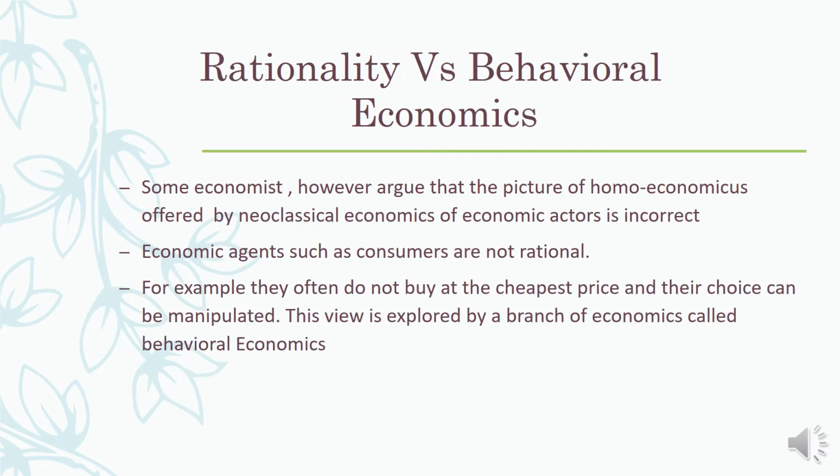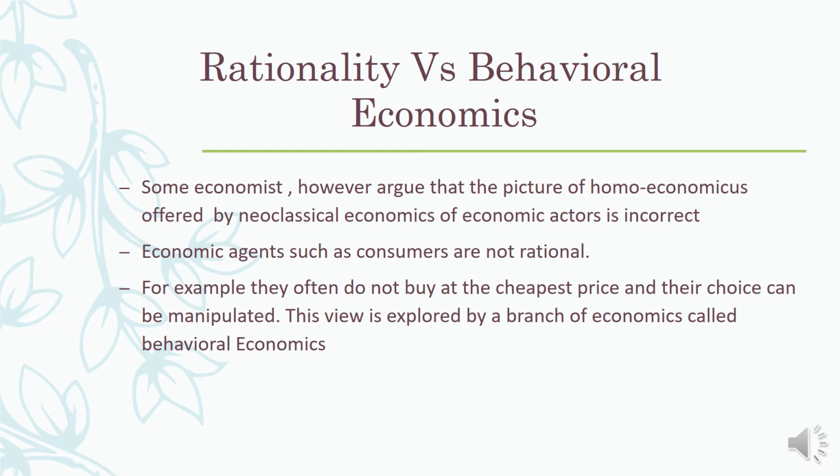But when it comes to rationality versus behavioral economics, some economists argue that the picture of homo economicus offered by neoclassical economics is incorrect. That means they are saying that the claim that consumers will always act rationally is wrong. A group of economists argue like that.